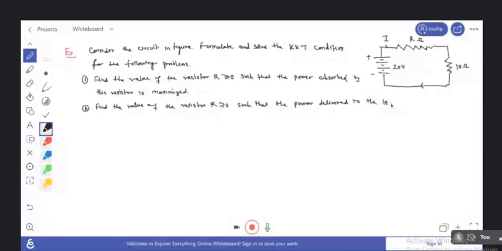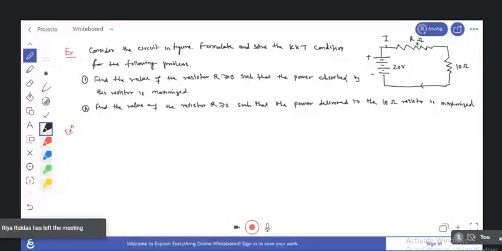So there are two types of problems. First, the power absorbed by this resistor R is maximized. Second, we find the resistor R such that the power delivered to this 10 ohm resistor is maximized.